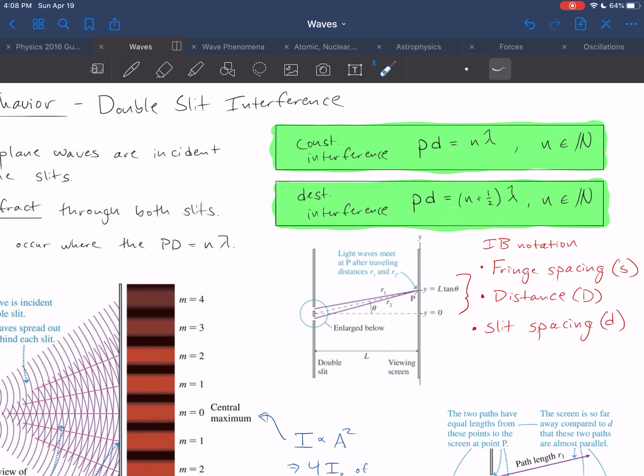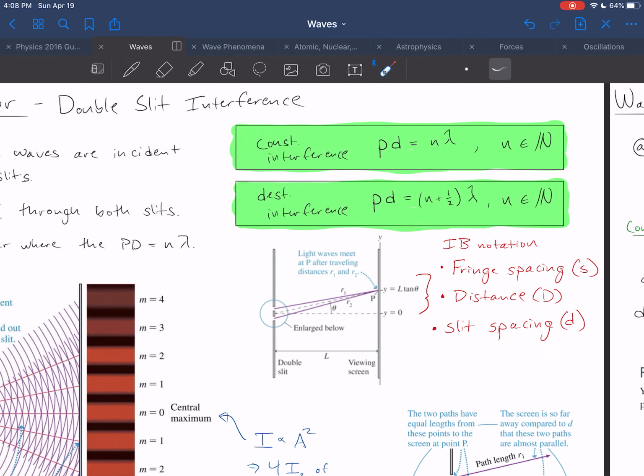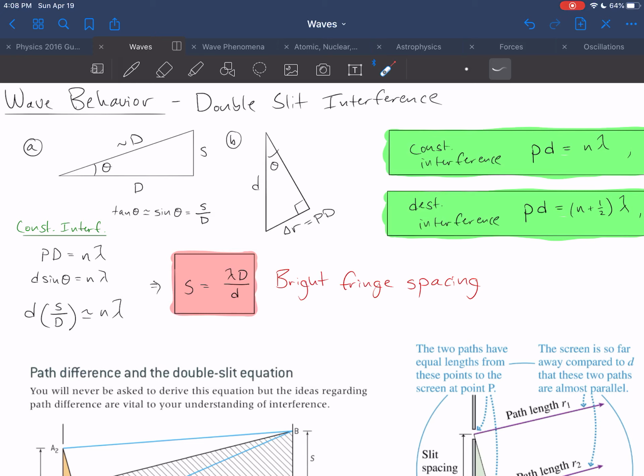You can always come back and look at this diagram if you need to remind yourself what the different variables are. Notice that this distance is D, the distance to the screen. And then we're going to do something really funny, which would bother all of the geometers in the room, which is that we're going to say that this distance is basically big D too.